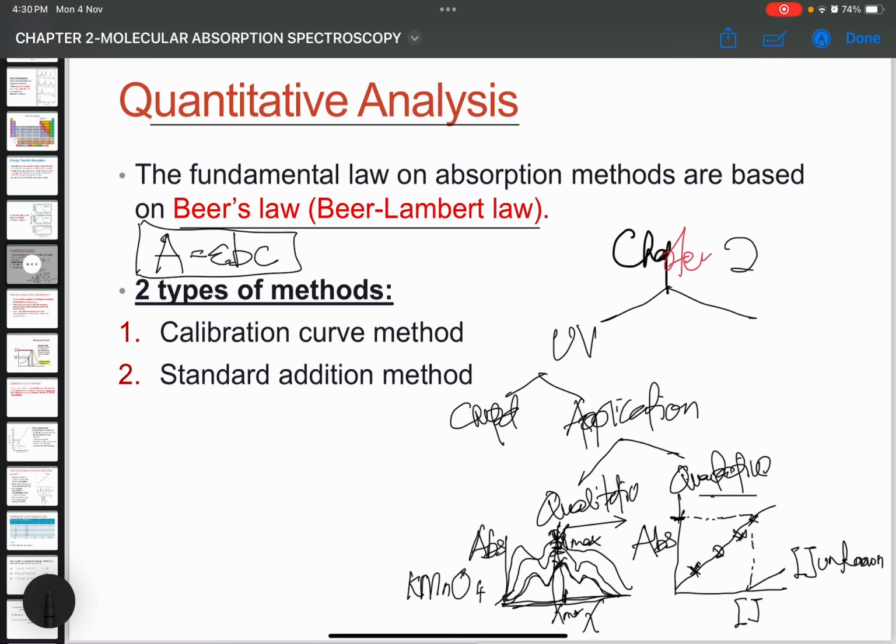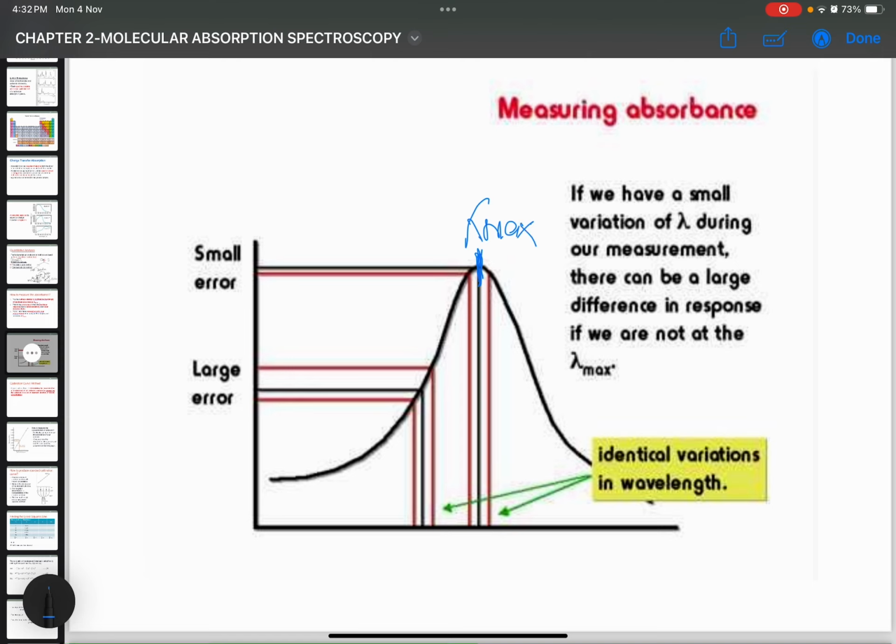This diagram shows the significance of lambda max. That's why we need to read the absorbance at lambda max. If we have a small variation of wavelength during our measurement, there can be a large difference in response if we are not performing the analysis at lambda max. If you look at this one, this is at lambda max.